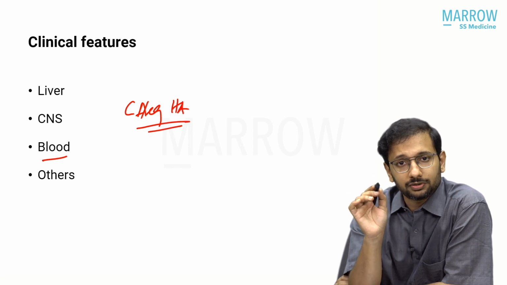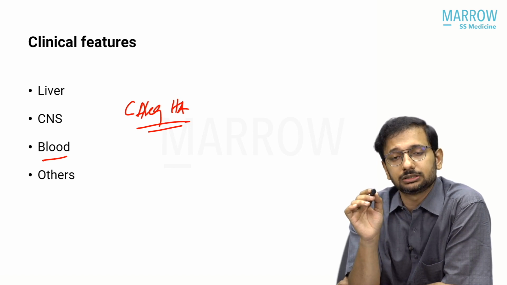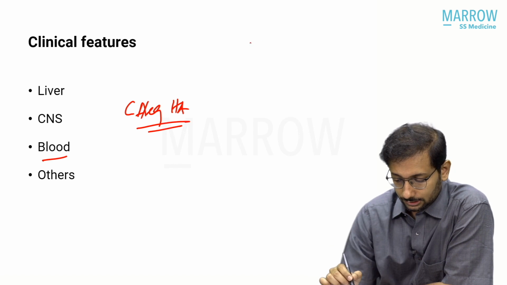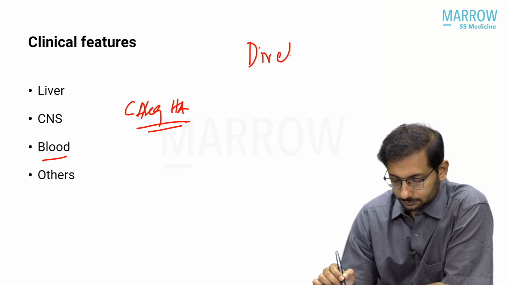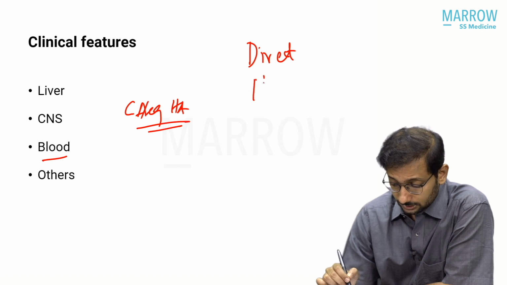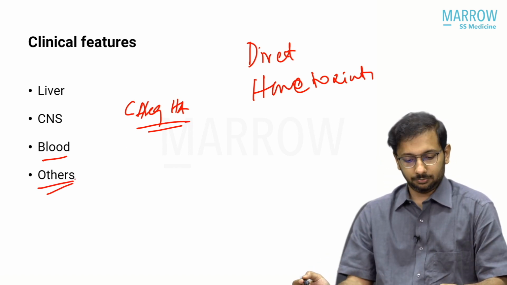So in acute liver failure in Wilson's, Coombs-negative hemolytic anemia is almost always the case, along with another organ system dysfunction, which is the renal system. Like I told before, direct toxicity and heme toxicity. Other manifestations are there, we'll come to it.